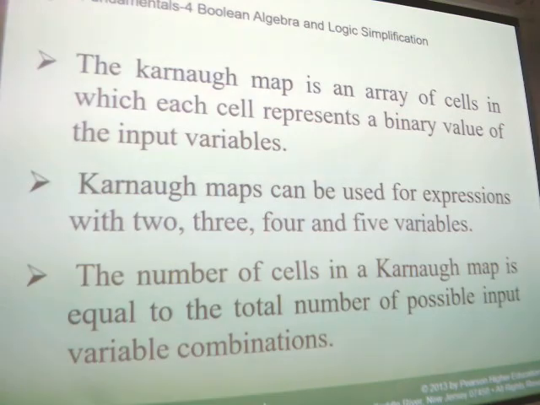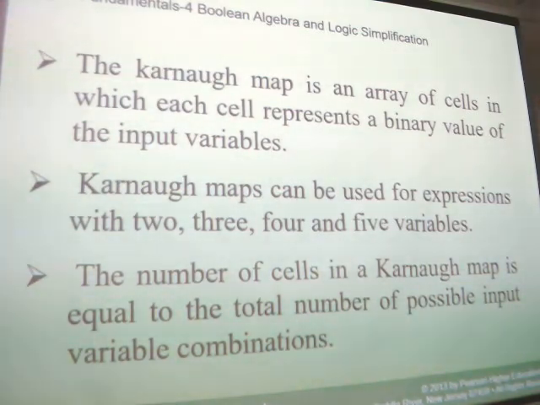The number of cells in each Karnaugh map is equal to the total number of possible input variable combinations. If there are n variables, then the number of cells is 2 power n.